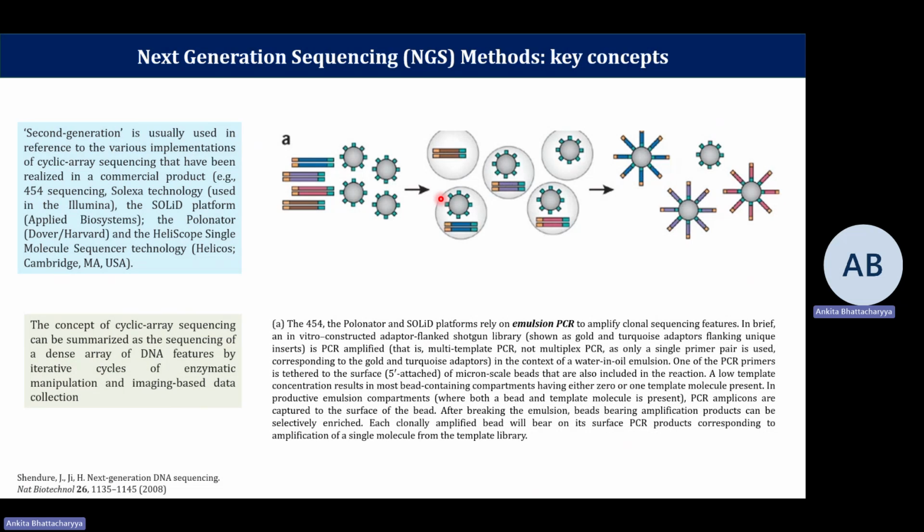And because you have limited or controlled template concentration as well, it results in most of these bead containing compartments either having 0 or 1 template molecule present. In productive emulsion compartments, after PCR, the amplicons would be captured on the bead surface. And once you break the emulsion, those beads that are bearing the amplification products can be selected out or filtered from the rest of the population.